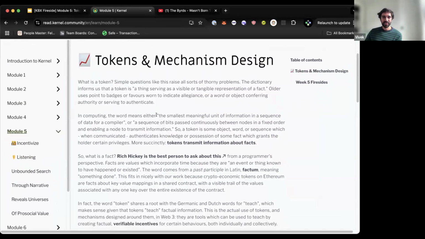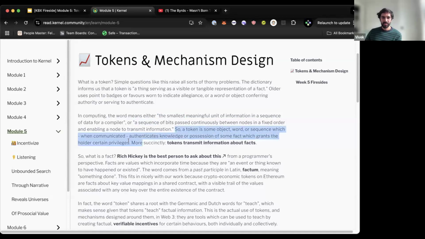The computer science definition for a token was the smallest meaningful unit of information in a sequence of data for a compiler. There's another definition from computer science, which is a sequence of bits passed continuously between nodes in a fixed order, enabling a node to transmit information.